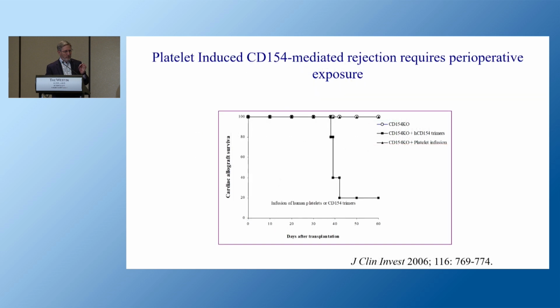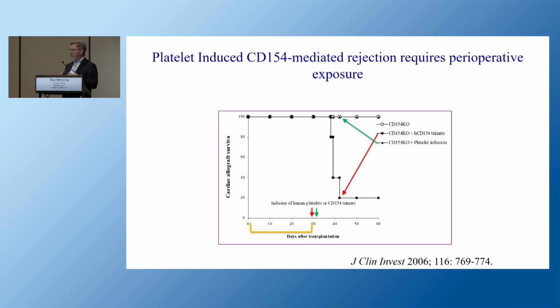And if you're looking at time from transplant and the role of CD154, this is an experiment where you dope in CD154 expressing platelets or trimers. Of course, trimers will go everywhere because they're not targeted to anything. Platelets will only go to a place where there's trauma. And if you wait 30 days after a transplant and you put in trimers, you will still get rejection, but if you put in platelets, you don't get any rejection.